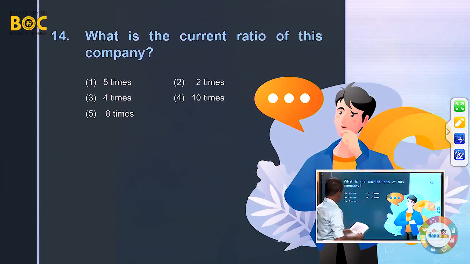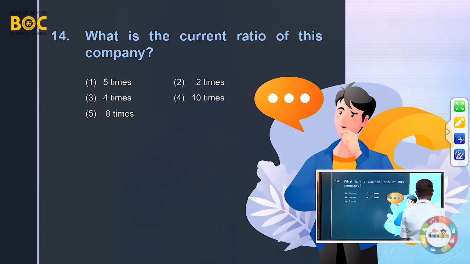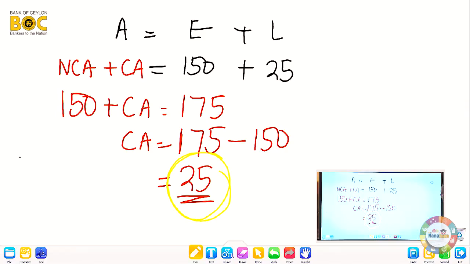The 14th question. So read it. Question number 14. What is the value? So what's the current ratio of this company? The current ratio, how you calculate it?